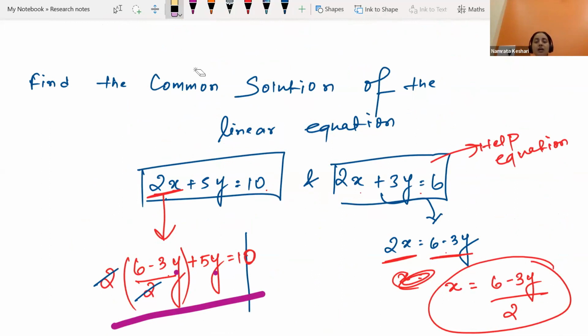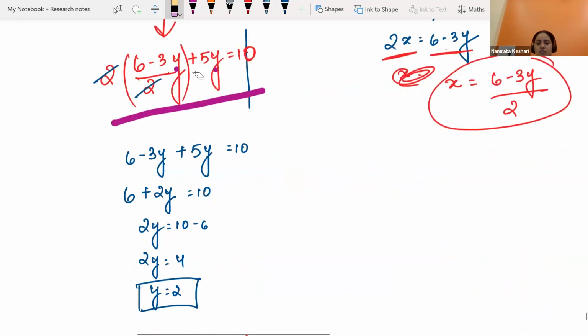Is it clear? Yes, ma'am. However, this type of question you will not get that much in your book. But this concept you will be learning in the next class, where you will learn how to find a common solution, how to find a specific solution.